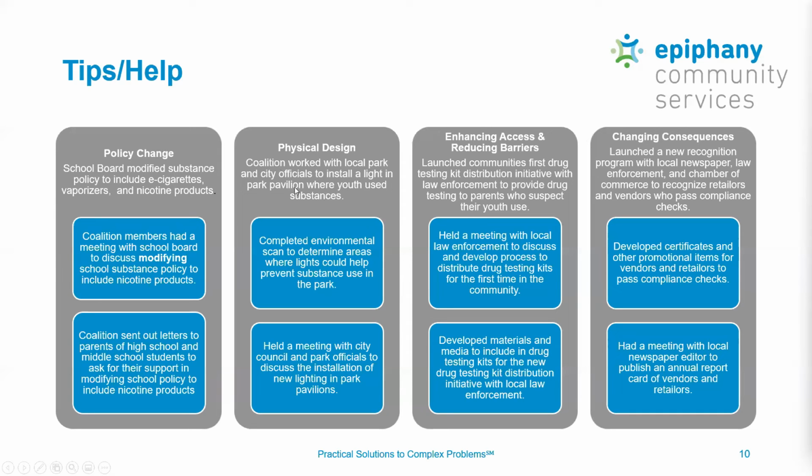Over here, the coalition worked with the local park and city officials to install a light in the park under a pavilion where they were seeing a lot of substance use with the youth. Those were a couple of problems their coalition identified, and changes they can make.